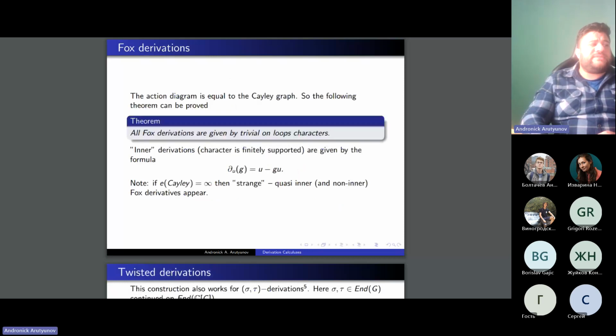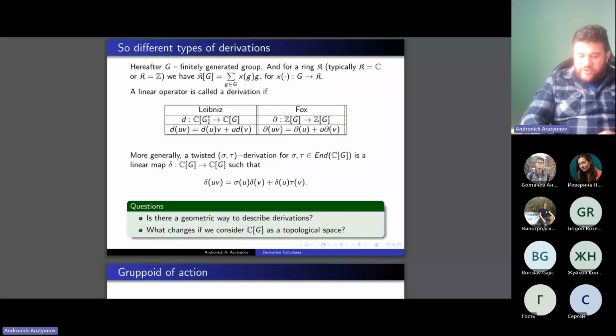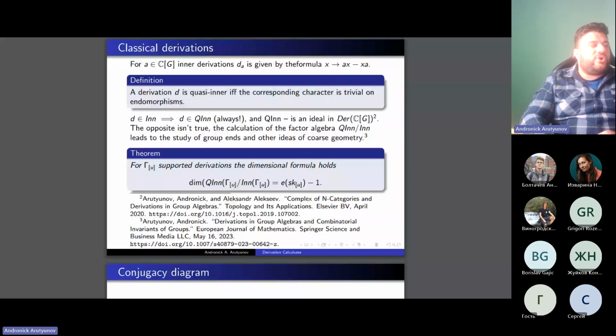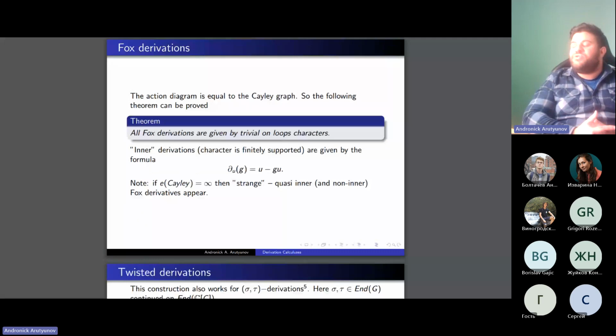Another case is Fox derivations. Let's return to the first slide. Fox derivations are the type of derivations for which this partial identity holds. So you can also take the equivalent of the conjugacy diagram, which is the action diagram, and for Fox derivations, the action diagram is just the Cayley graph of the group.